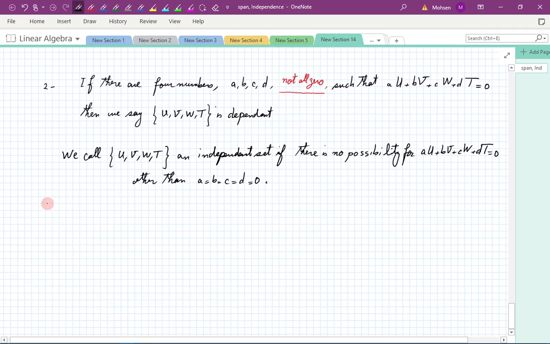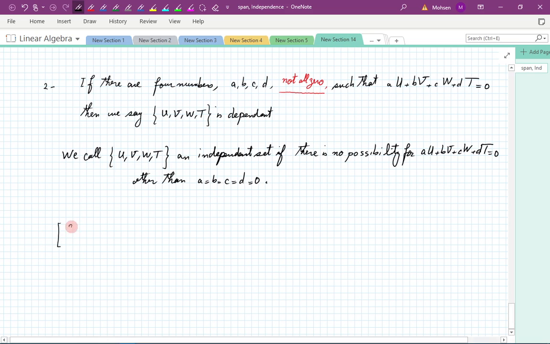So let me ask you some questions. I write some sets of vectors and you tell me if the set is dependent or independent. Most often the adjective for this is linearly dependent or linearly independent, but we are making it a little bit shorter and just calling it dependent or independent.